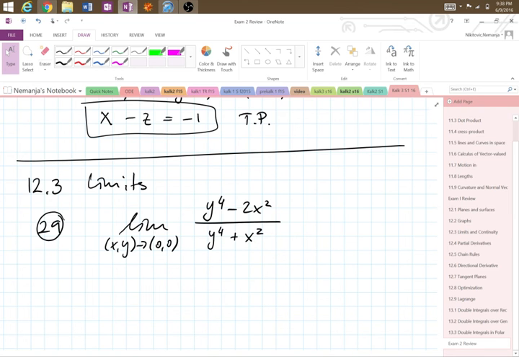You know how when you copy this one, you do limits, and if the powers are the same, then you can just take one. If the highest powers are the same, you can just take from one. Nope.